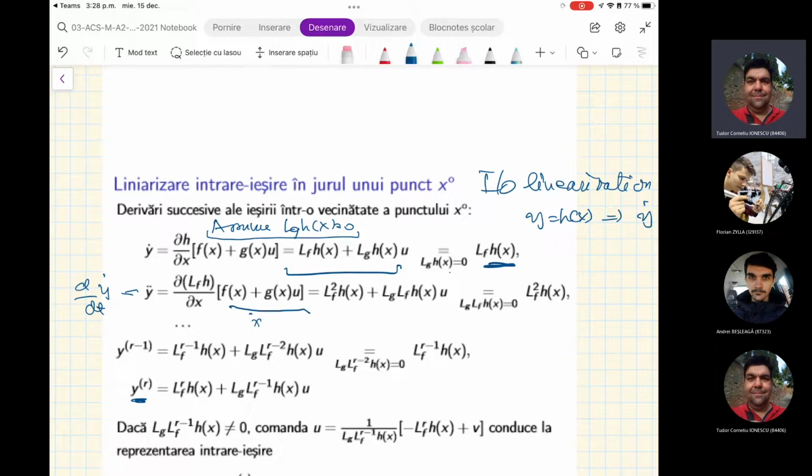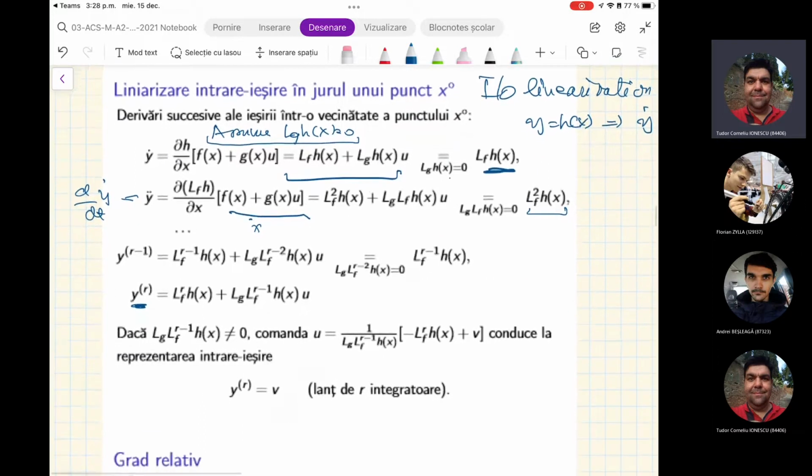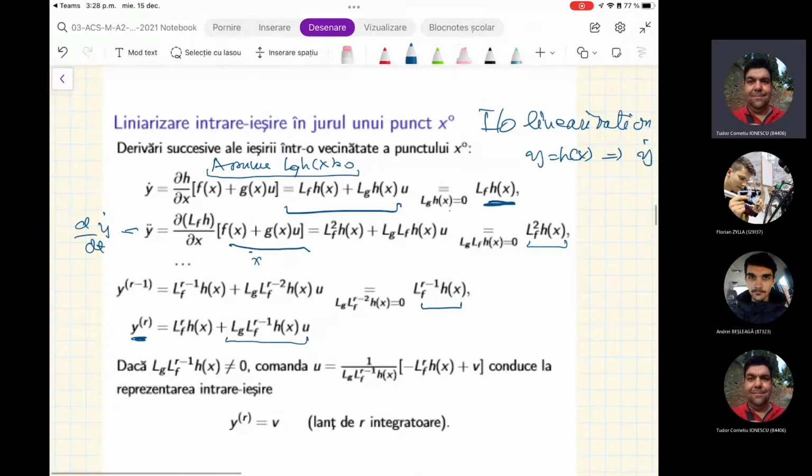So you're left with this guy, and so on and so forth. You keep on doing the derivatives and you stack up these terms, except the final term, when you take the r-th derivative, and this is no longer 0.